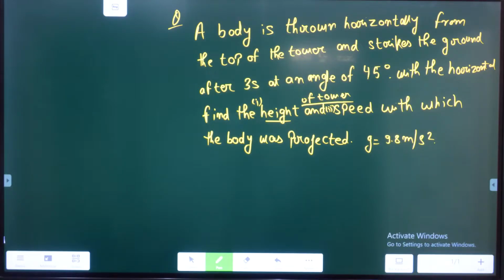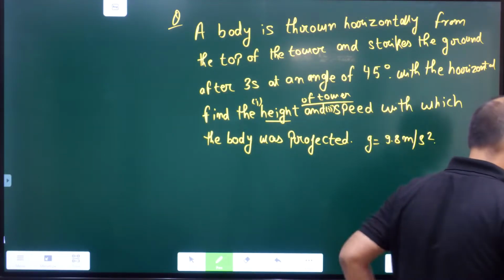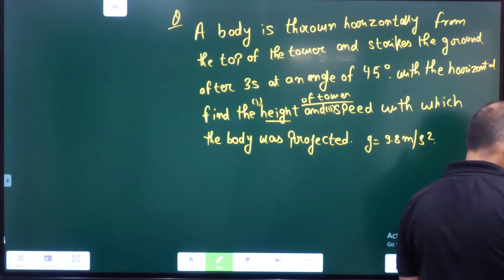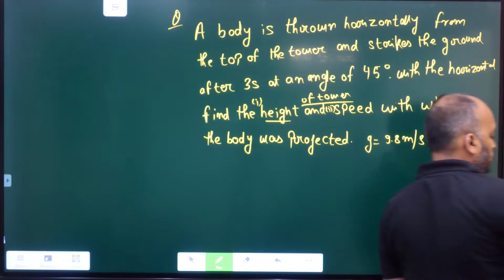Then, answer: the height of the tower is 44.1 meter and speed will be 29.4 meter per second. Good. Shanmukha, good. Avni, good.